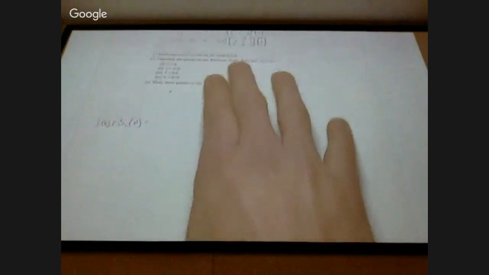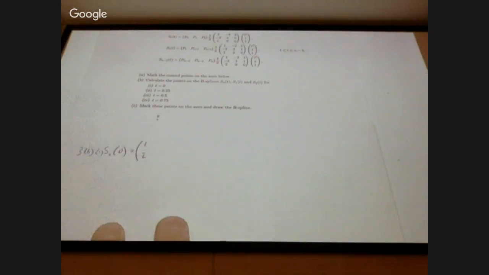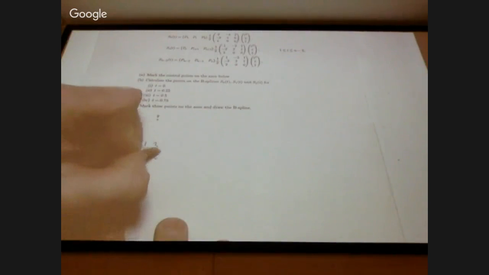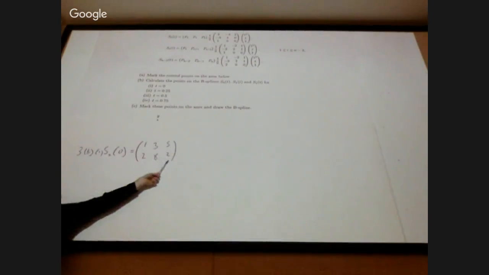Okay, so S0 for t equals 0. Now if I look here, this is my S0. So it uses P0, P1, and P2. The same as with the Bezier curve, you've got P0 (1, 2), P1 (3, 8), P2 (5, 2). Each column of that matrix is a control point, P0, P1, P2.